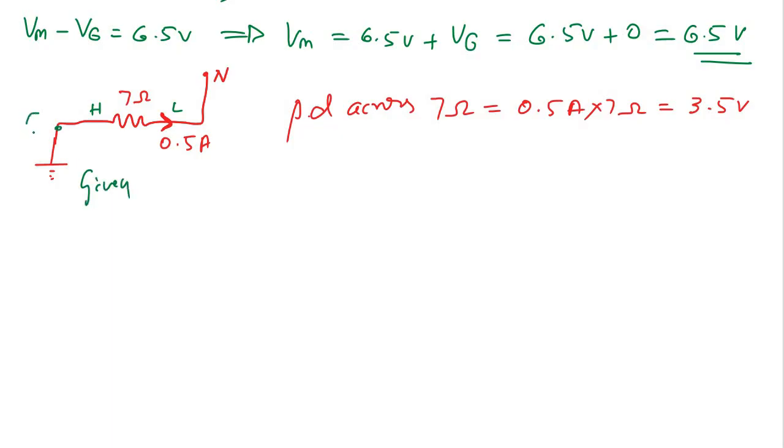Ground is always at a low potential, which is 0 volt. But the current flowing in this direction means N is still low compared to G.